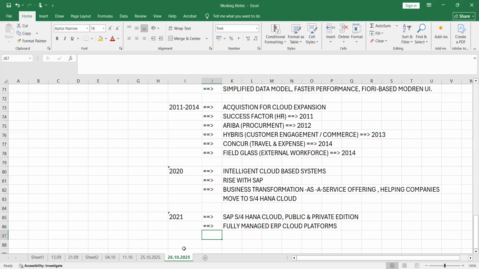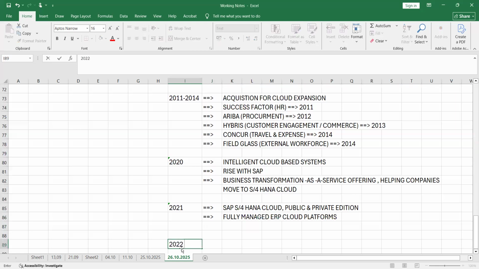Next, from 2022 to 2025, the latest technology came into SAP. Probably you would have heard about it: SAP BTP.